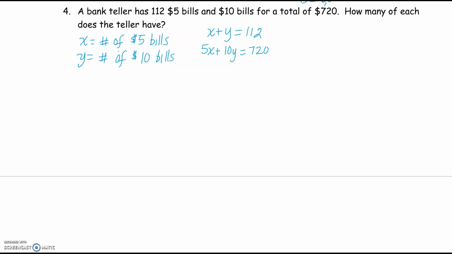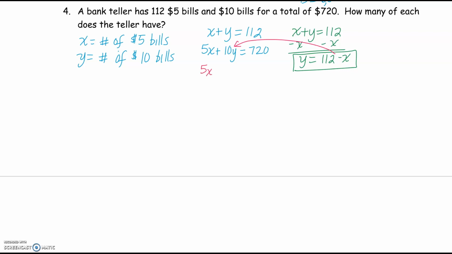Okay, I'm going to solve the top one in terms of Y. So I have X plus Y equals 112. I'll subtract X, and I get Y equals 112 minus X. I'm going to take that and replace it into the Y in the second equation.